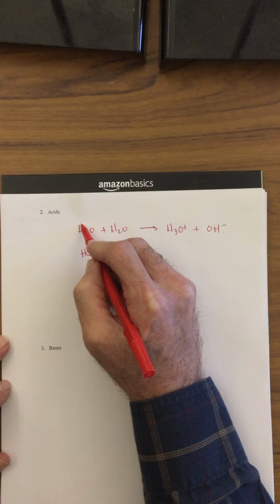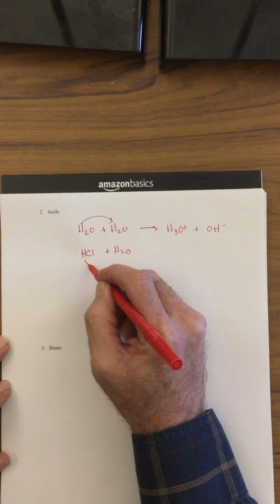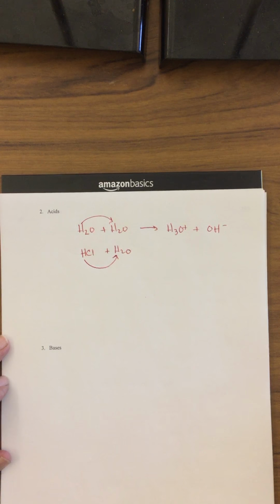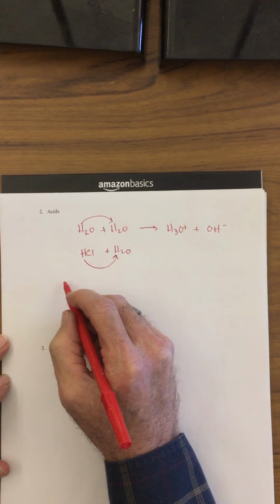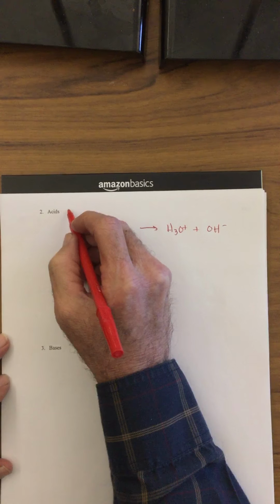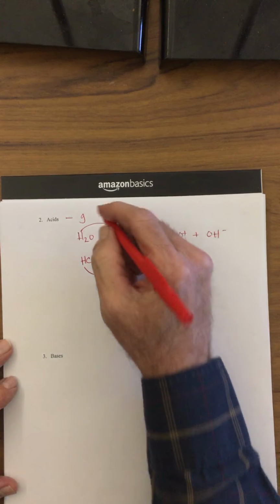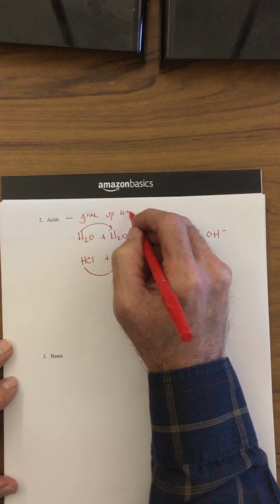Well, this H is going to be given to this over here in a bump, and this is going to give the H to the water as well. So the main concept of acids is acids give up their H pluses. They give up their H pluses.